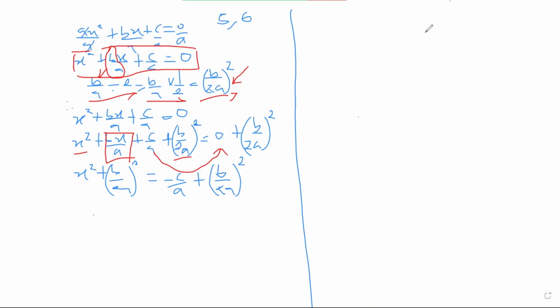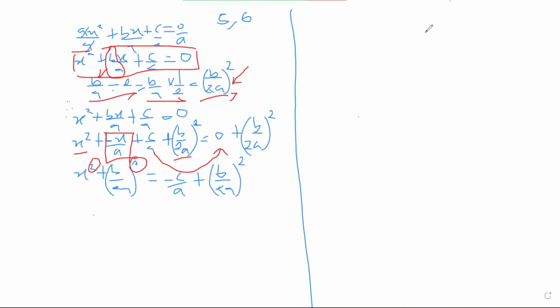squared. All right, having this, what is the next thing we are going to do from this point? Since this has the same power, we are going to bring them together.